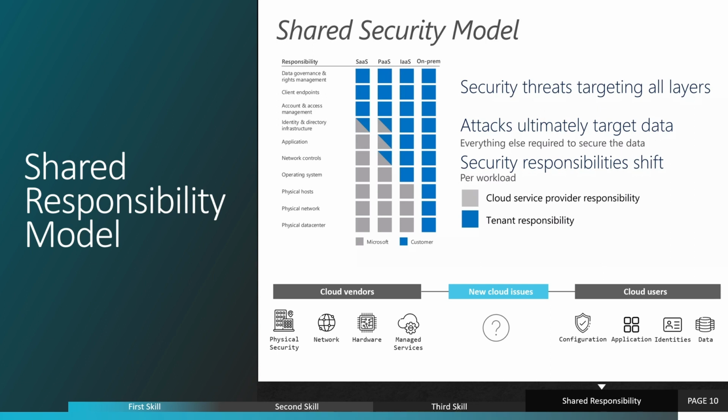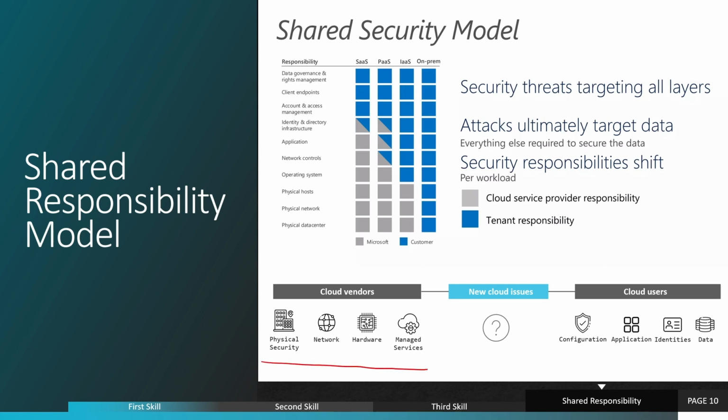Now, a simple way to think about the shared responsibility model is to separate security into two areas. The first will be the security of the cloud, and then the security in the cloud. Now, security of the cloud means the security actions that the cloud service provider will take to protect the physical hardware. So these will be coming into these areas.